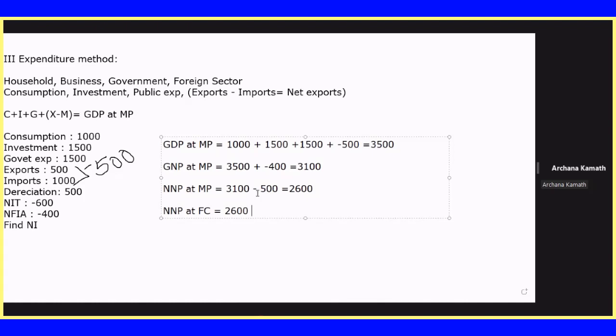Market price is 2,600. National income is at factor cost. You have to deduct net indirect tax. Market price is bigger, to make it smaller you have to deduct, right? So it's negative 600. So 3,200 is your answer.